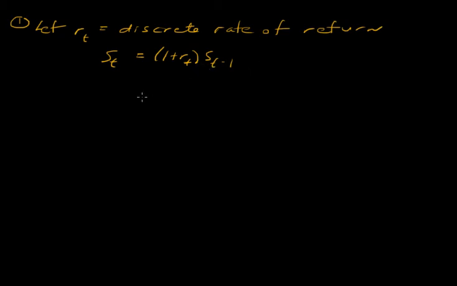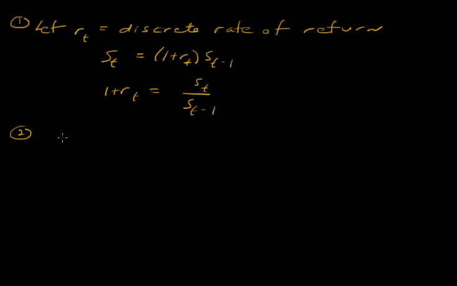If we rewrite that, we could say that 1 plus this discrete rate of return R_T is equal to the current stock price divided by the last period stock price.